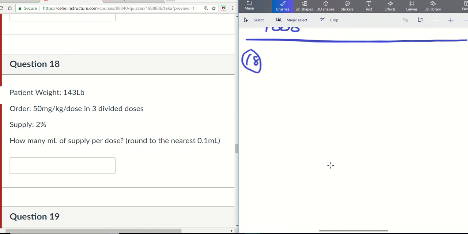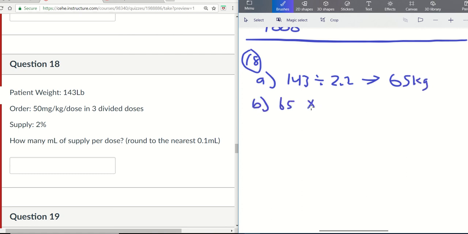The only difference is the supply. It's in percentage. So let's follow the steps. Step A, 143 divided by 2.2 yields 65 kgs. B, 65 kgs times the order, so that's going to be how many milligrams? 3250 milligrams. That's per day, but they're only going to get a third at a time.